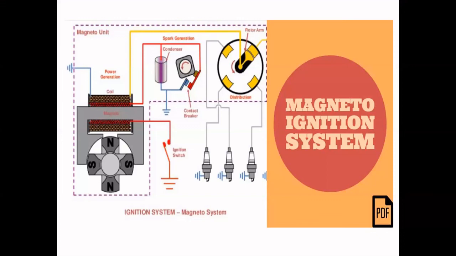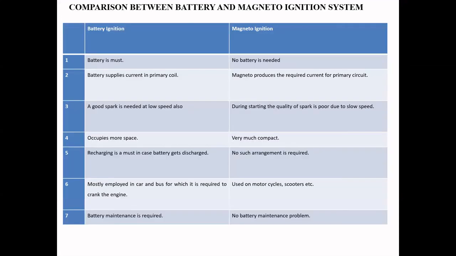Now these two systems can be compared. Why can these two systems be compared? Because these two systems are referred to as conventional ignition systems, which are widely used in almost all vehicles. And as far as this is concerned, you can make the comparison.